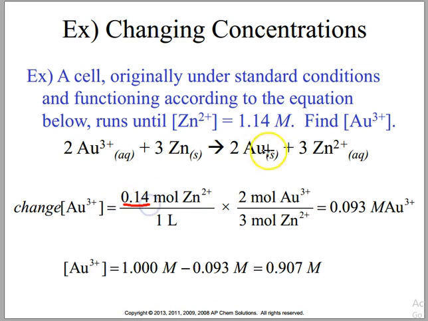So 0.14 here comes from the 0.14 here, and we can multiply that by the mole ratio in the balanced chemical equation, and then we can subtract that from the standard conditions, and this will be our concentration.